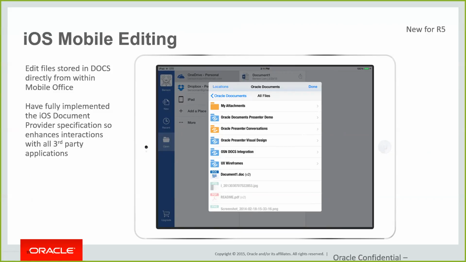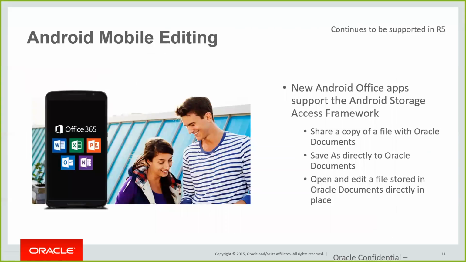So we have implemented the iOS document provider specification. So it enhances existing applications like the Office suite on iOS to work directly with the Oracle Documents Cloud Service. The same for Android. So it's supporting the Android Storage Access Framework.